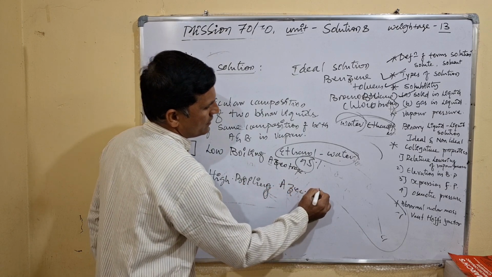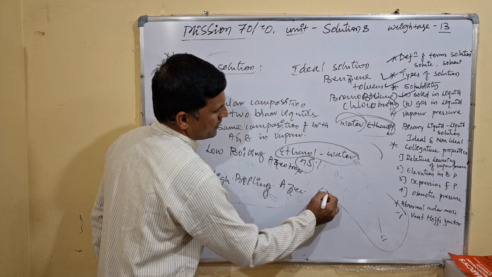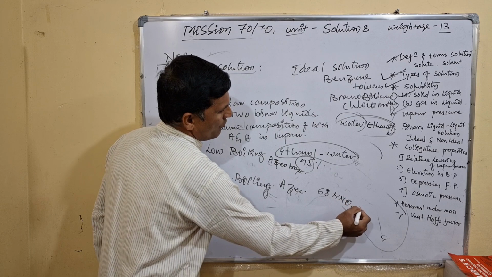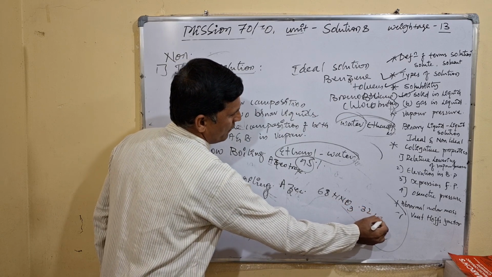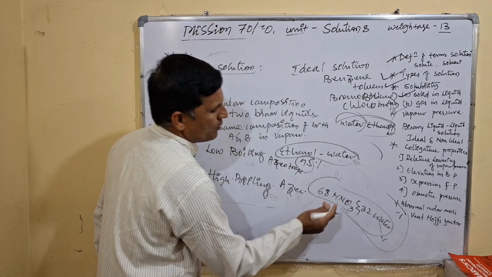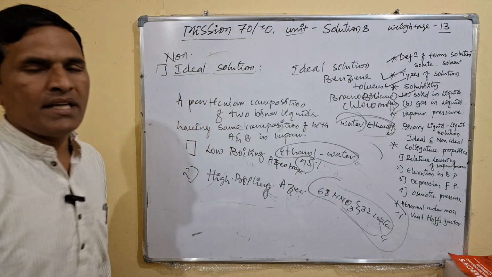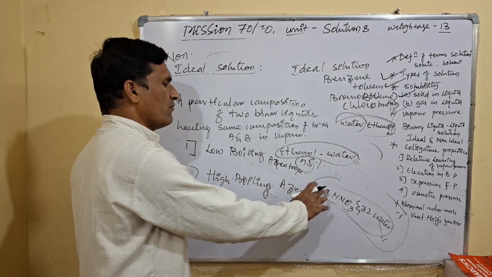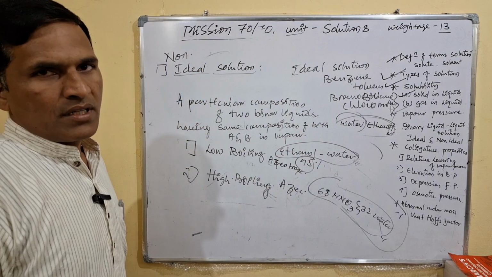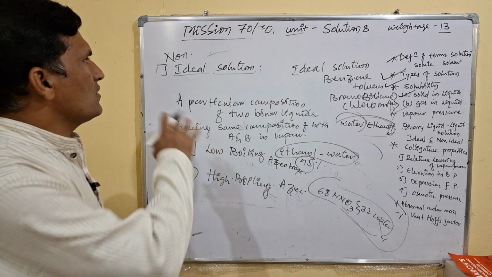So example is 68% of HNO3 and 32% of water. It is an example for high boiling azeotrope, and this mixture you cannot separate it by distillation, because vapor form will be having same composition as that of in the liquid phase.